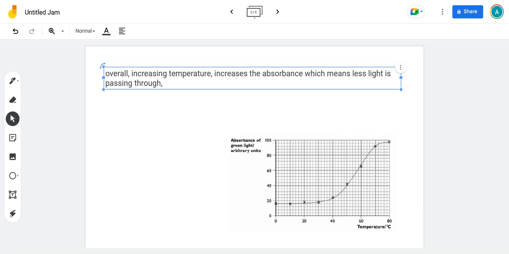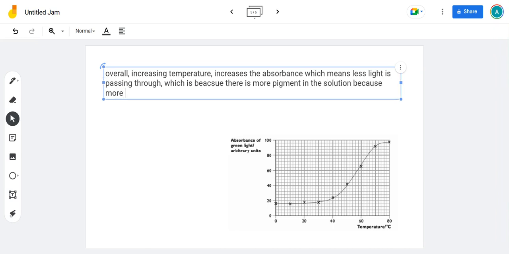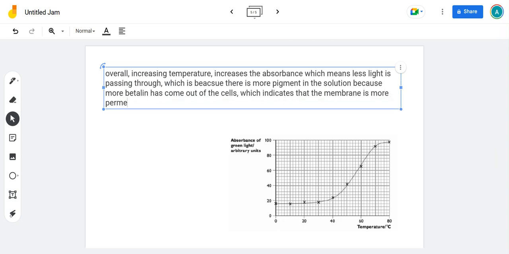So it's more pigment that's come out of the cells, the membrane is more permeable. Okay, less light is passing through, which is because there is more pigment in the solution, because more betalain has come out of the cells, which indicates that the membrane is more permeable.